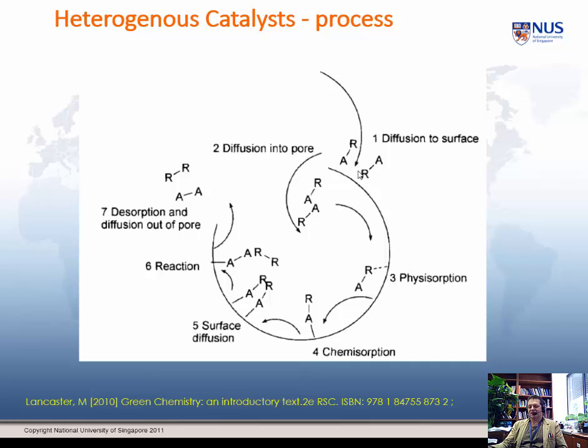Then, most heterogeneous catalysts, in fact almost all, have pores and very high surface area to allow greater reactivity and availability of reaction sites. So after the reagent has diffused to the surface, it then diffuses into the pore.